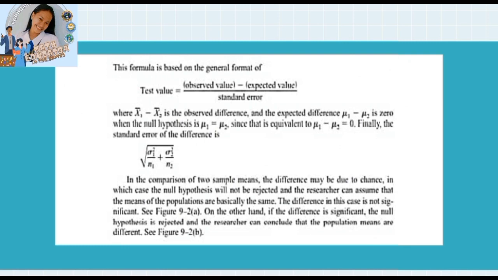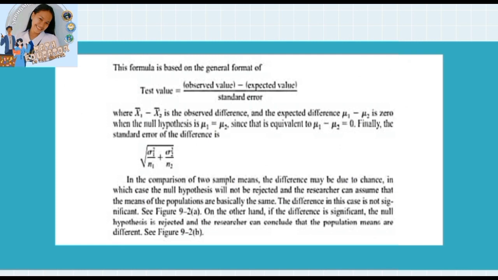In the comparison of two sample means, the difference may be due to chance, in which case the null hypothesis will not be rejected and the researcher can assume that the means of the populations are basically the same. The difference in this case is not significant. To see further, see figure 9.2a.